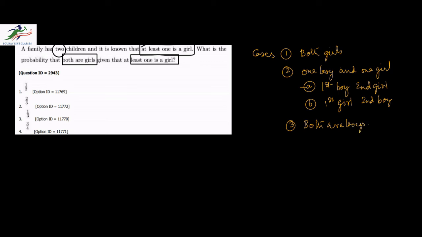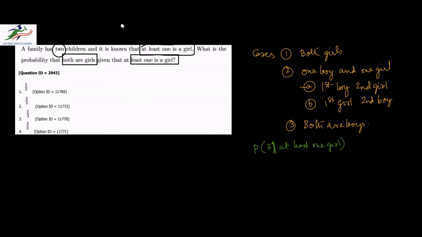So we can say that the probability of both girls, which is probability of 3, given that at least one is a girl, which means given that at least one girl, this is the probability that is being asked for.